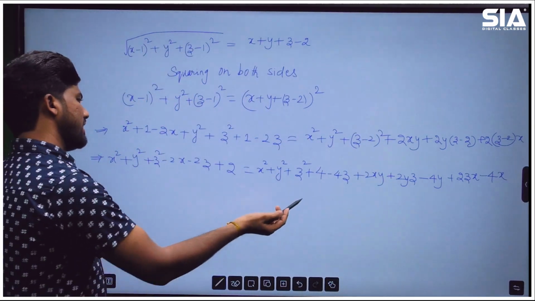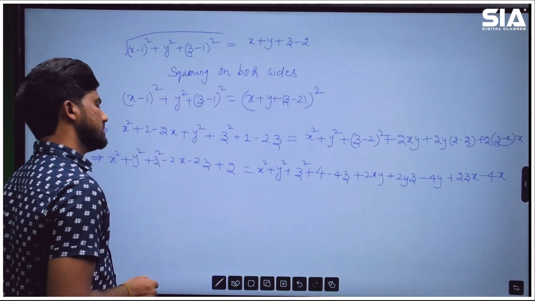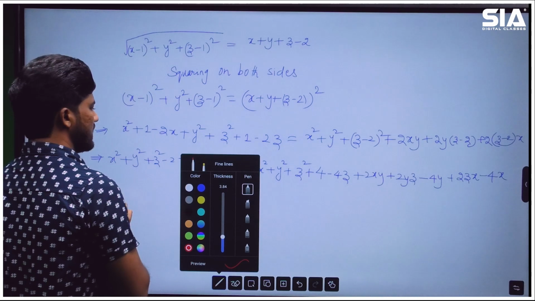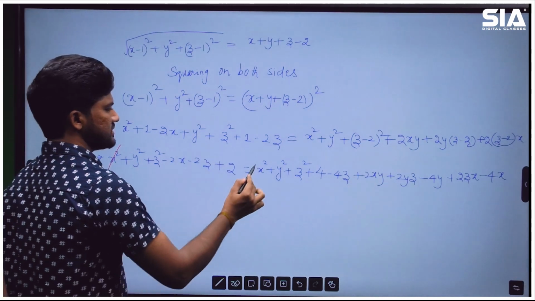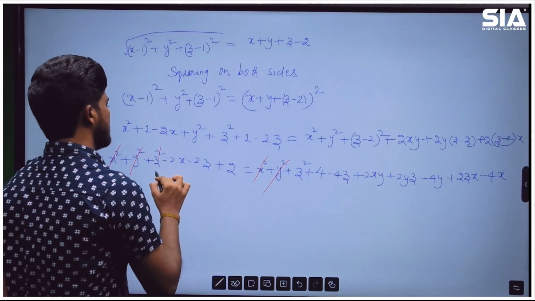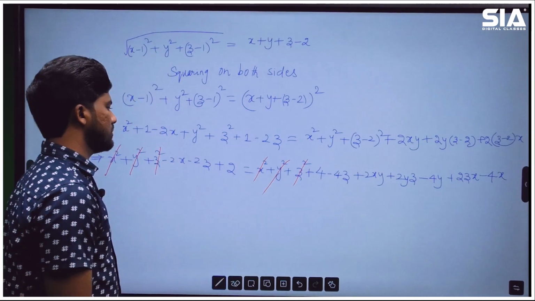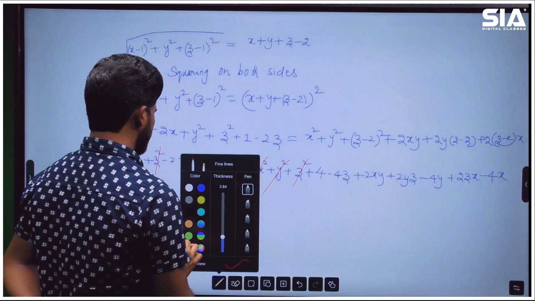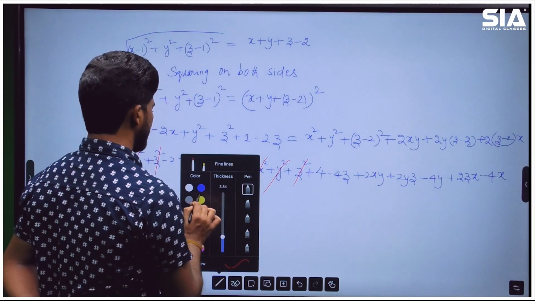Now take all RHS values to LHS. First of all, before taking RHS values to LHS, if similar values are there, then cancel them. x square cancels on both sides, y square cancels, z square cancels on both sides. Now take all the values to one side and simplify.